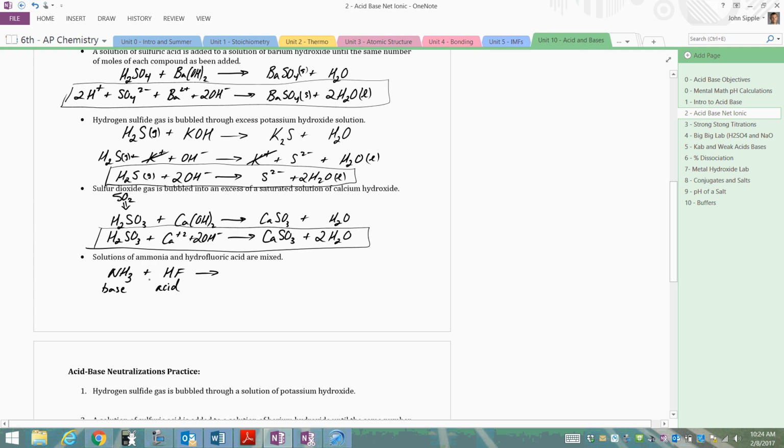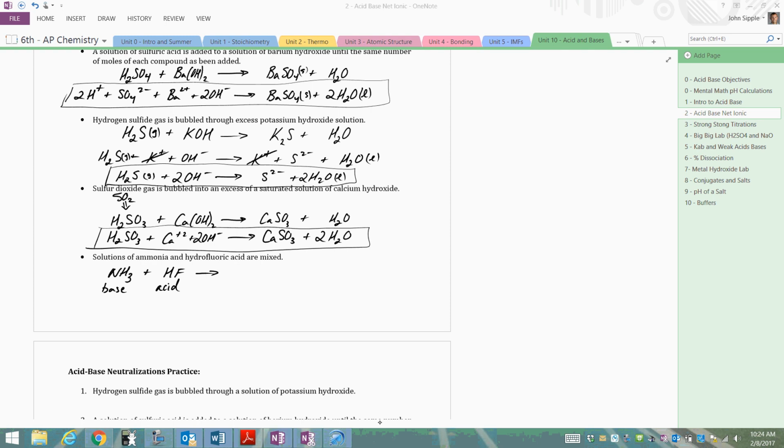So this is where those amines act as weak bases. If a nitrogen compound is uncharged, it will act as a base, and the other compound is going to act as an acid. You know that HF is an acid because it's got the hydrogen out front. You know that it's going to donate the H.